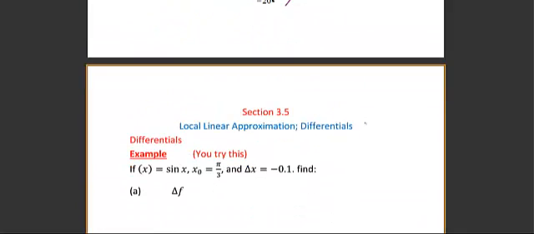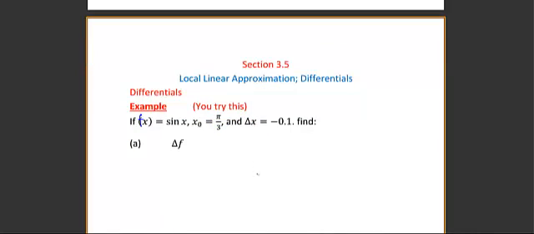Okay, let's take a look at another example. Let's suppose that we have f of x is equal to sine x. Oops, I think I missed an f here. f of x is equal to sine x, x0 is pi over 3, and delta x is negative 0.1. So let's calculate delta f.